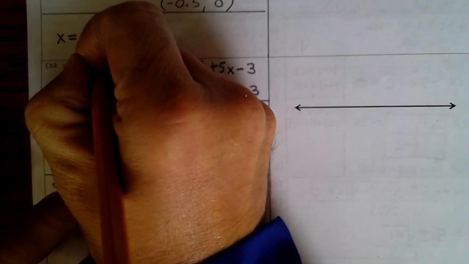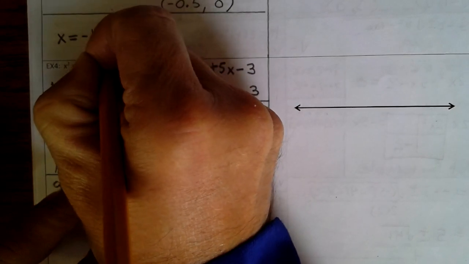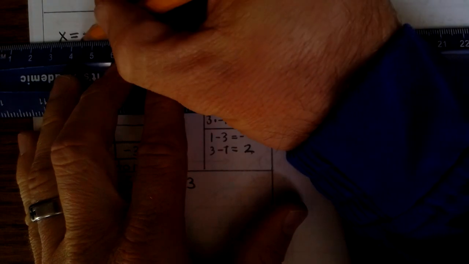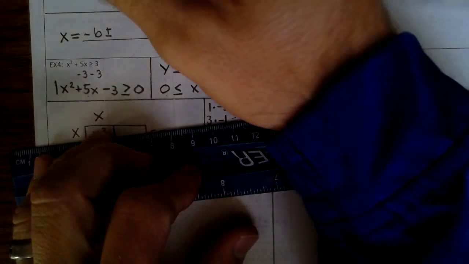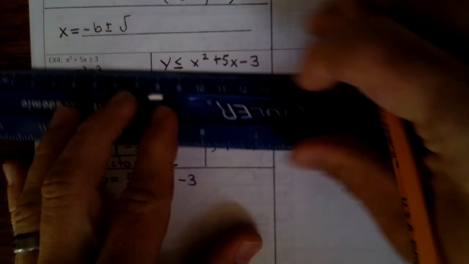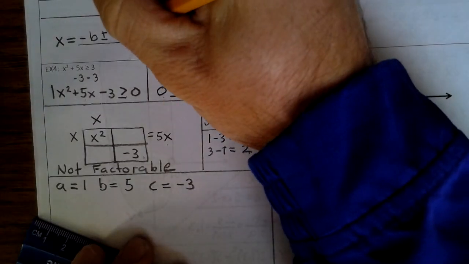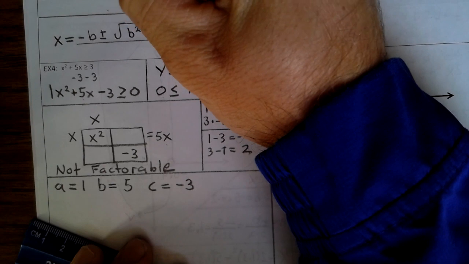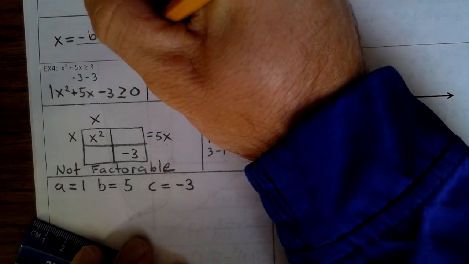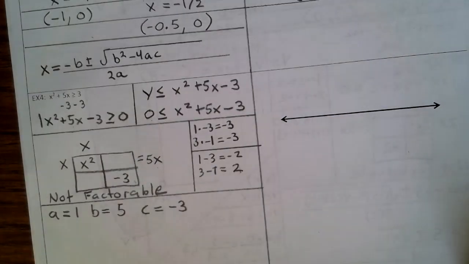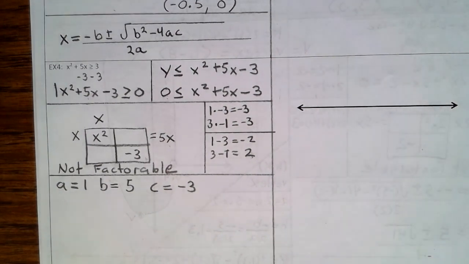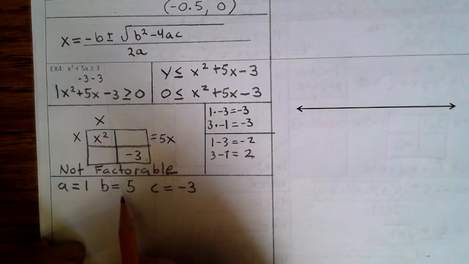So x equals negative b plus or minus the square root of b squared minus 4 times a c, divided by 2 times a. Okay? So now we're going to plug these numbers into that formula.